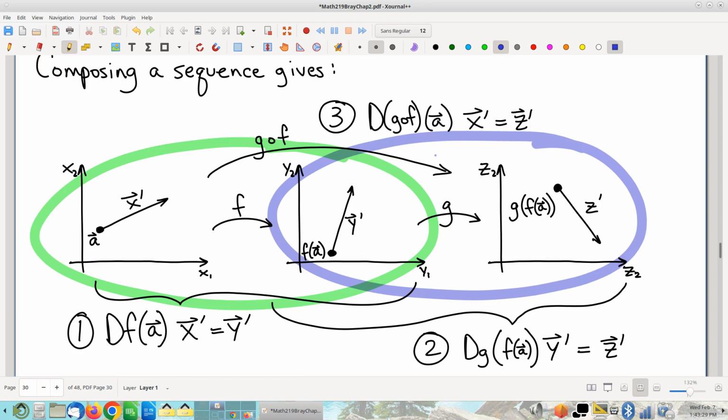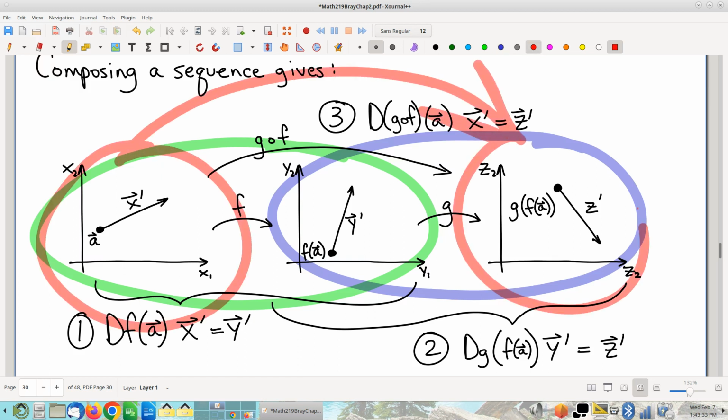And of course, we can then talk about the composition, the process of doing the whole thing all in one step that takes the x variables to the z variables.